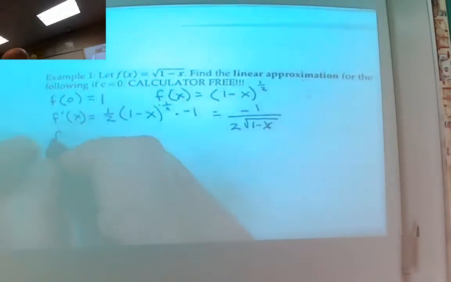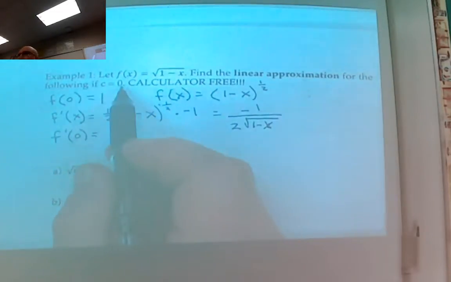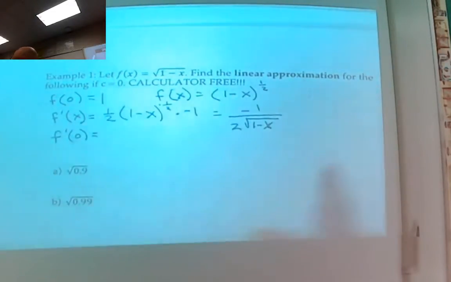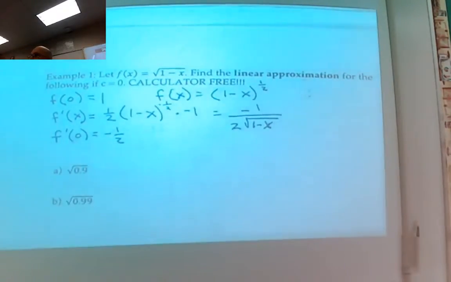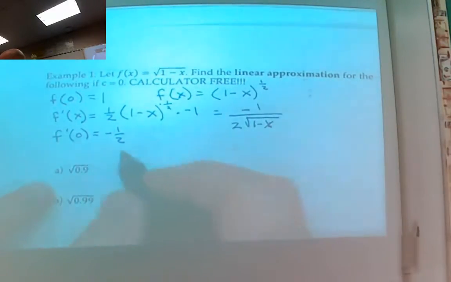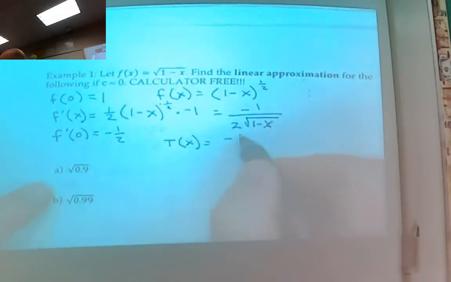Now I'm going to figure out what the slope is at 0. Because c is 0, isn't it? So what would I get? A -1/2. I bet you're able to do that in your head. So now my tangent line is equal to -1/2 times (x minus 0) plus 1.